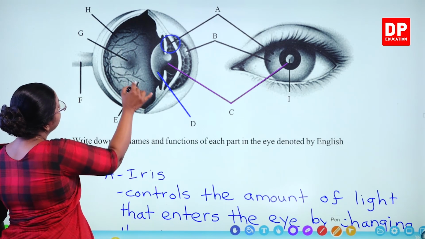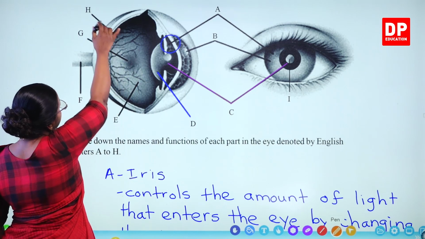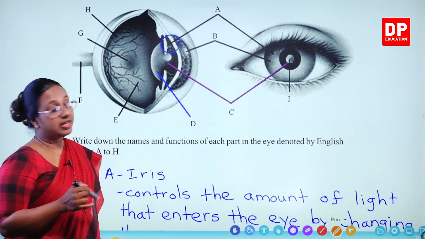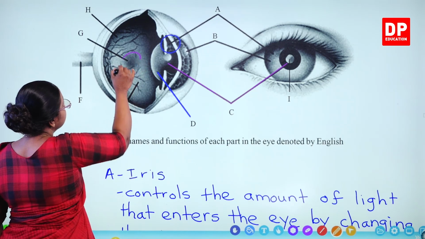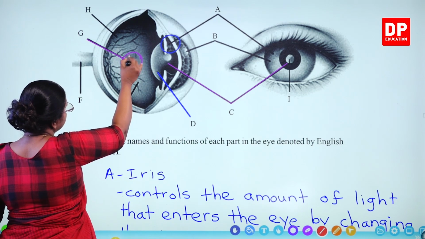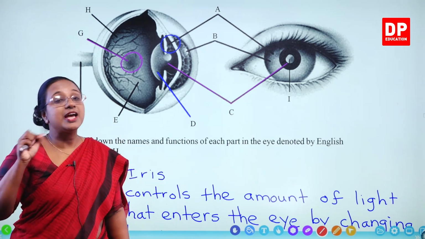If you look at this closely, E also points to the inner layer, H also points to the inner layer, G again points to the inner layer, but here you can see this part where G is pointed, you can see like a cleft, like an image-like region.